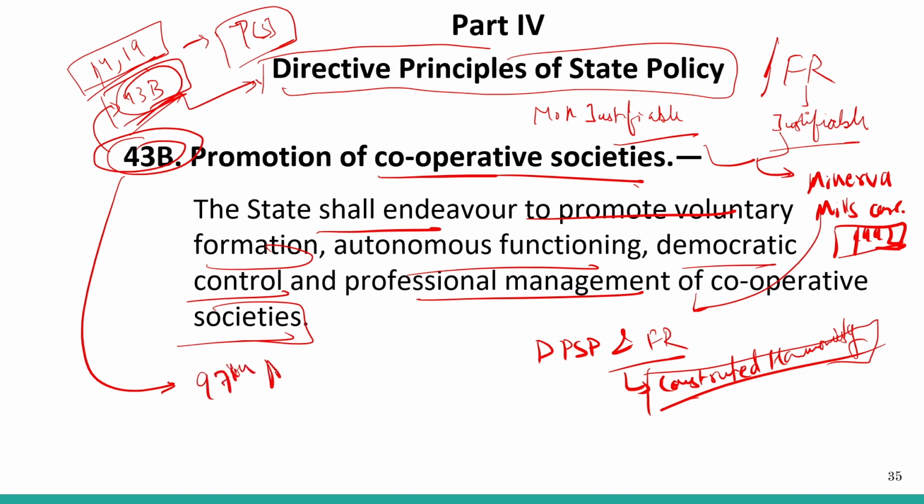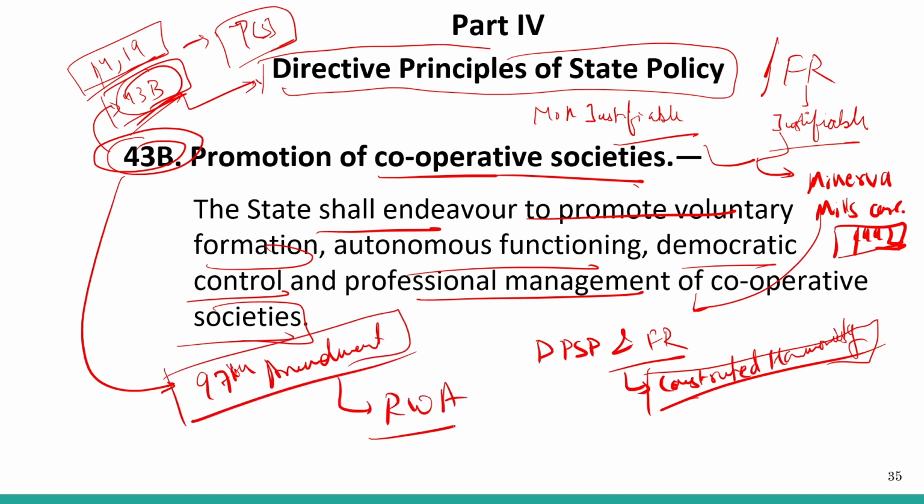And from here, you will find mentions of the RWA in the society in which you are living. The Resident Welfare Association is nothing but a portrayal of what Article 43B has suggested, that there should be democratic, autonomous functioning and democratic control of professional management of a cooperative society, for what?